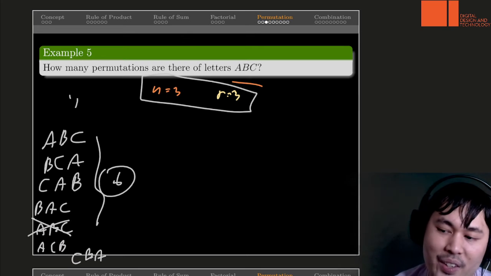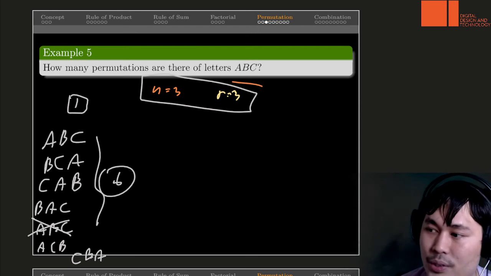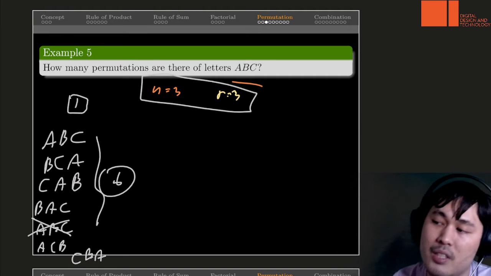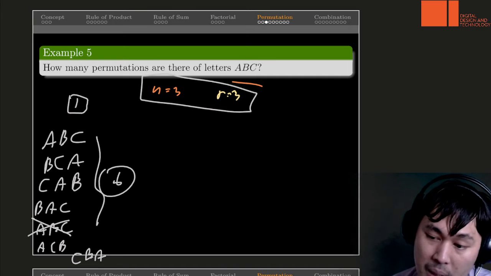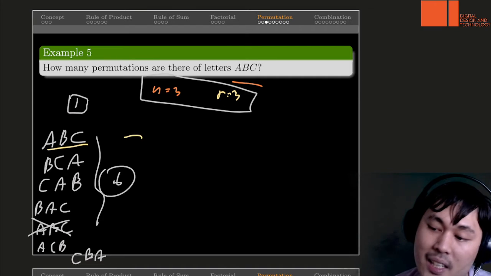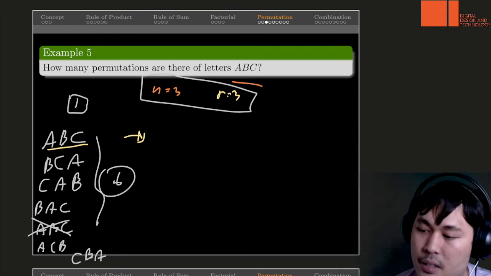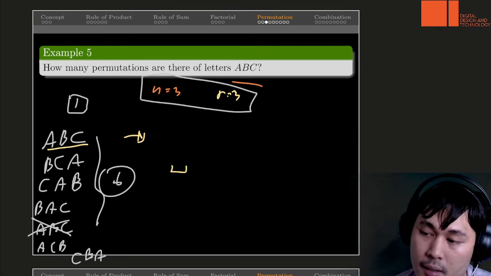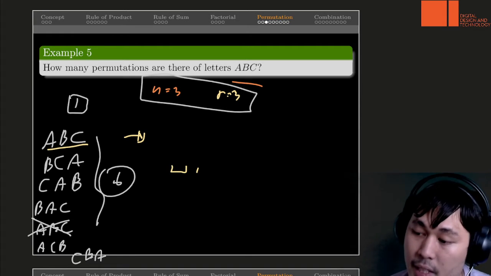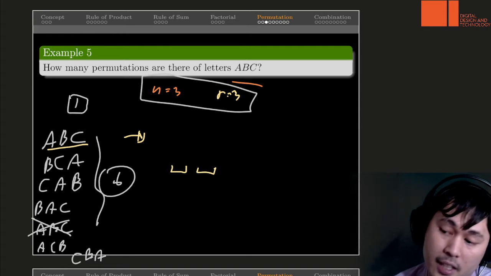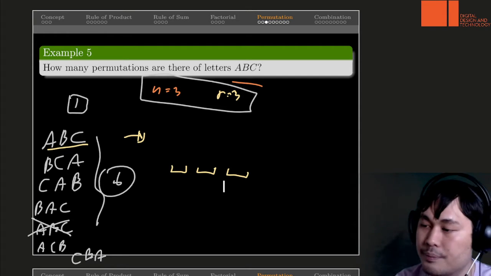So that's one way you can perform this task. Another way is to use the tool that we already have, which is a tree diagram. With a permutation of 3 objects, you can describe this procedure as selecting a letter to put in the first position, then selecting the second letter to put in the second position, and then selecting the third letter to put in the last position.